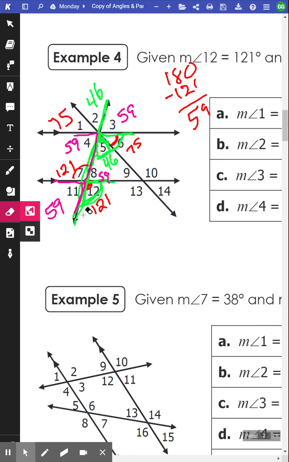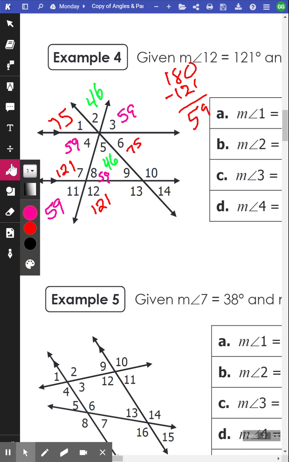Well, let me erase some of these. Okay. All right. If we're going to erase those and we're going to focus on this transversal right here, then that means that this angle right here has to be the same as this angle right here.